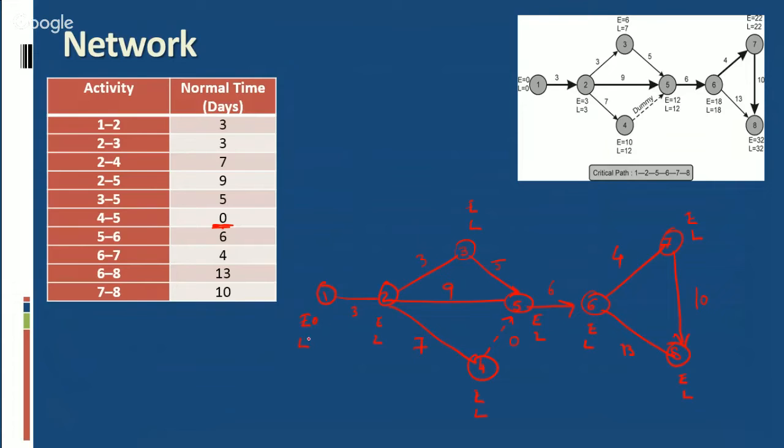First of all, at first place, E and L's value will be 0. E's value will be here 3. Then 3 plus 7, 10. And here 3 plus 5, 8. 3 plus 9, 12. And 10 plus 0, 10. Highest is 12. So accordingly, we will take 12. 12 plus 6, 18.